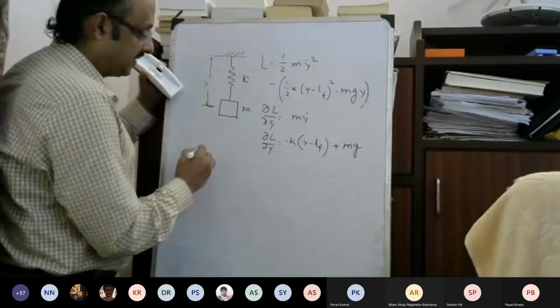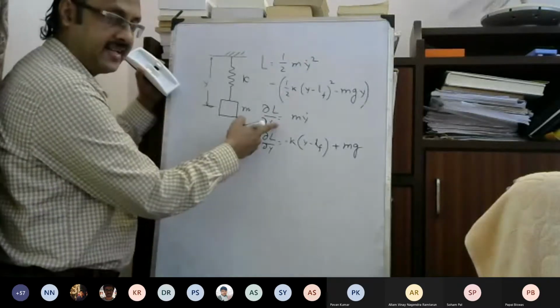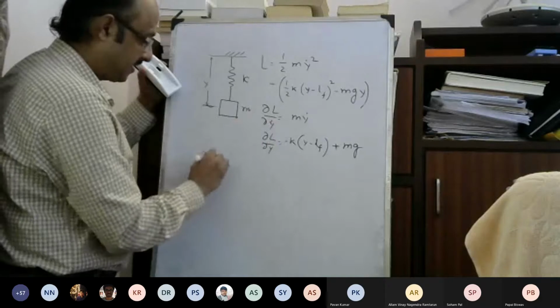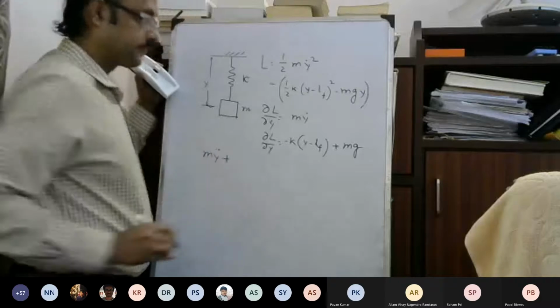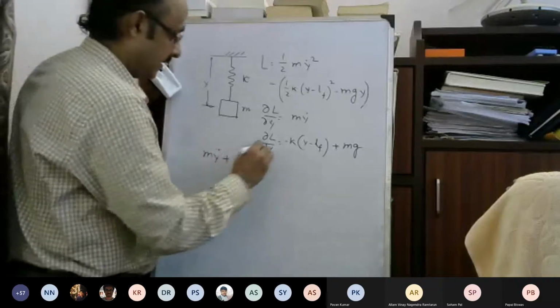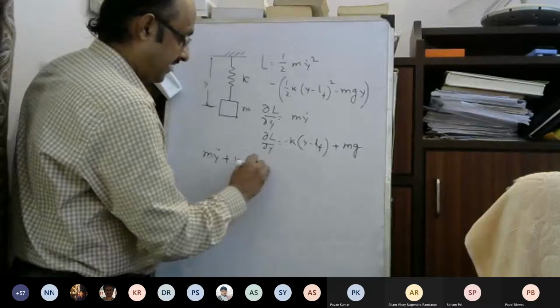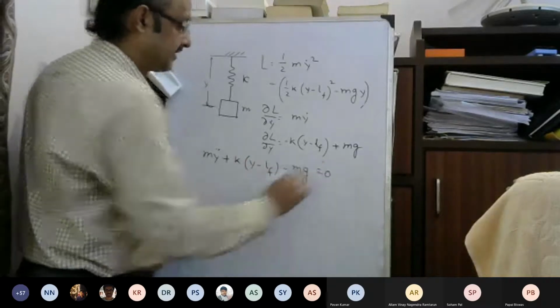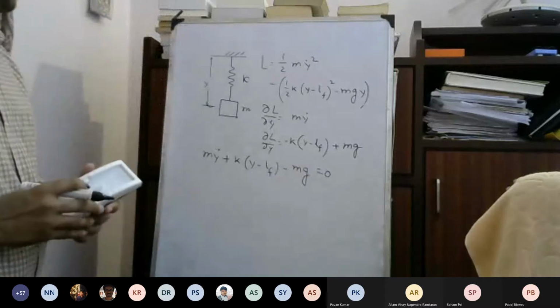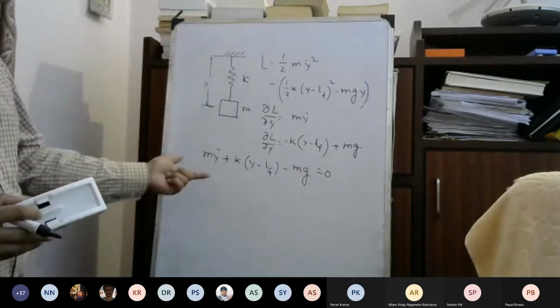So the equation of motion, d/dt of del L del y dot, this will be m y double dot plus k times y minus L_F minus mg equal to 0. Yes? Okay.